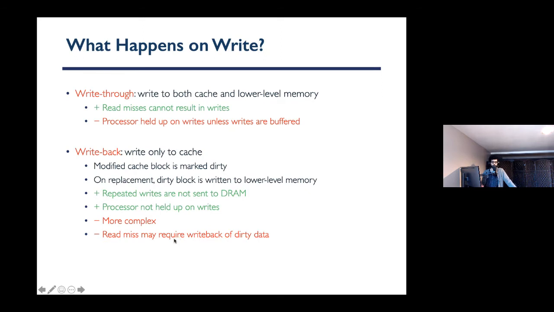Now, if your application has only few writes and mostly reads, then write through is the best for you, because you want to have the minimum latency for your reads. You don't want to spend a lot of time on your reads. And then you have very infrequent writes. So it's fine to hold the processor hostage during those writes, because you just have few of them.